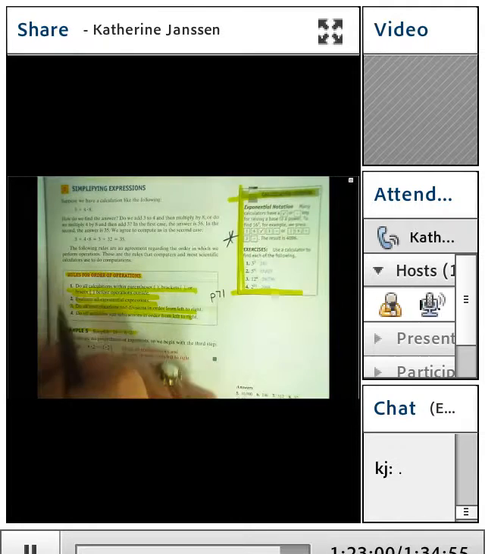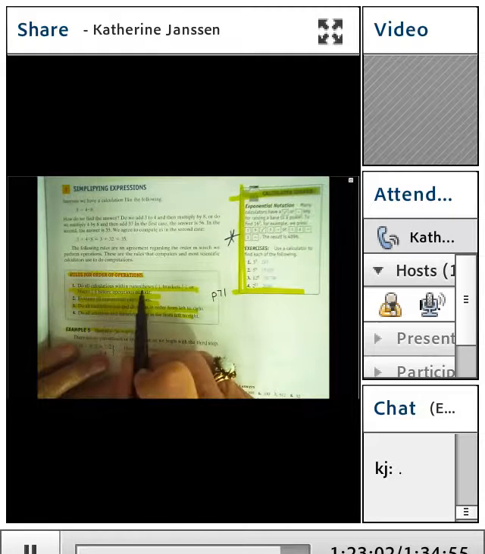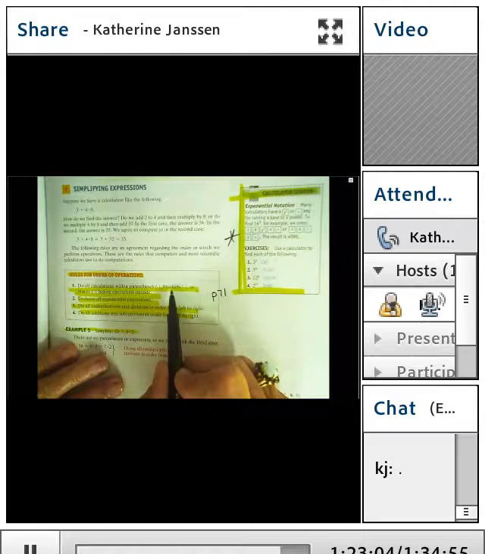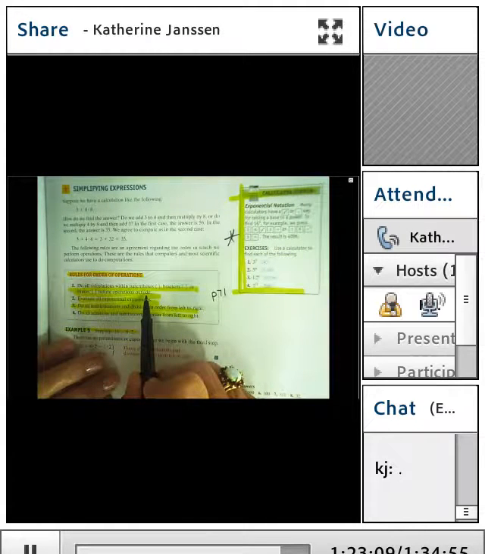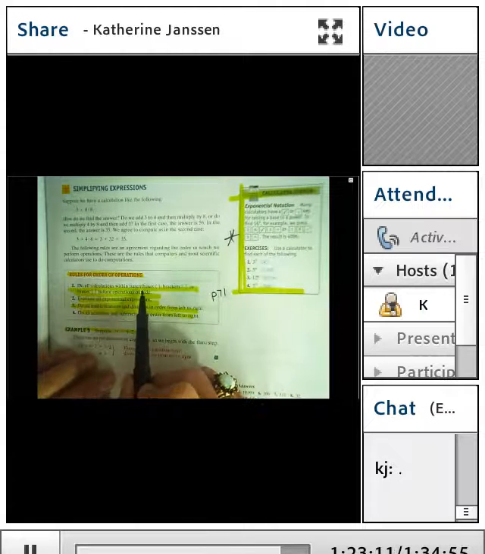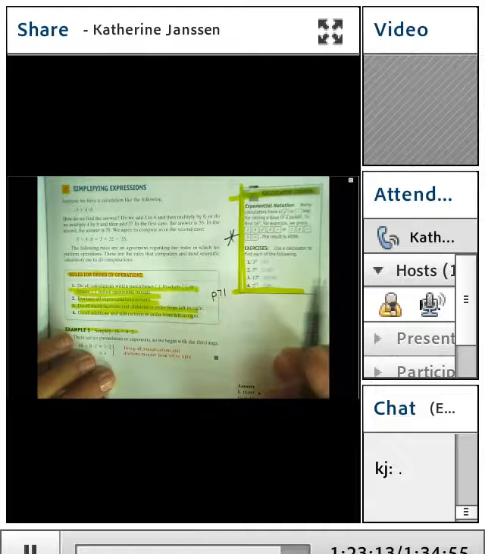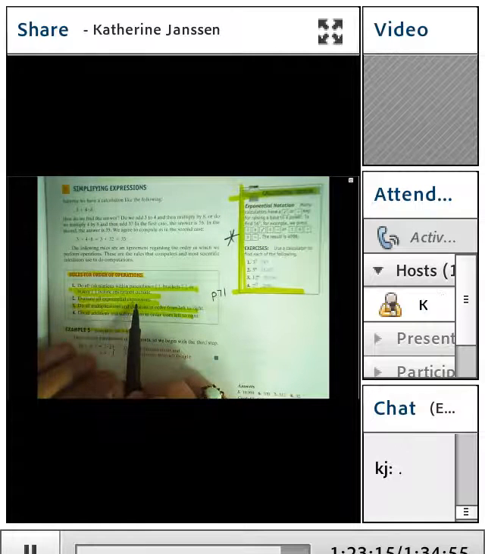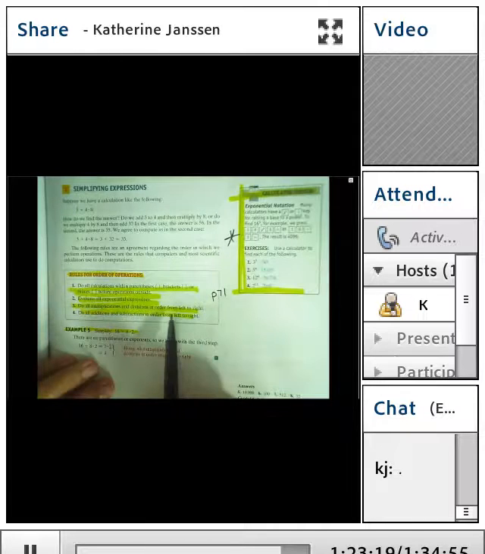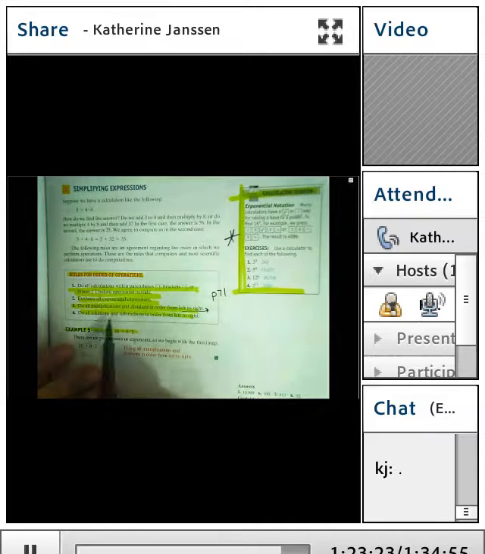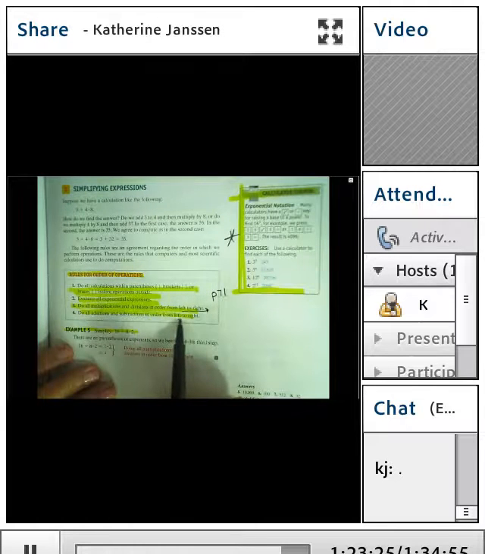Number 1, do all calculations within parentheses or brackets or braces before operations outside. So do all calculations within parentheses first. Evaluate all exponent expressions next. Then do all multiplications and divisions in order from left to right. And do all additions and subtractions in order from left to right.